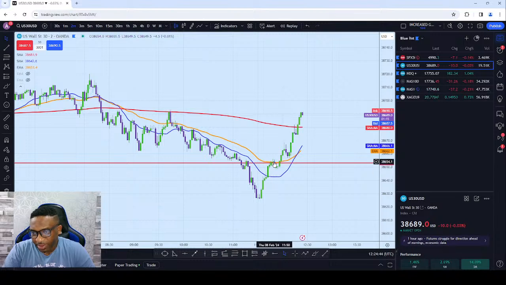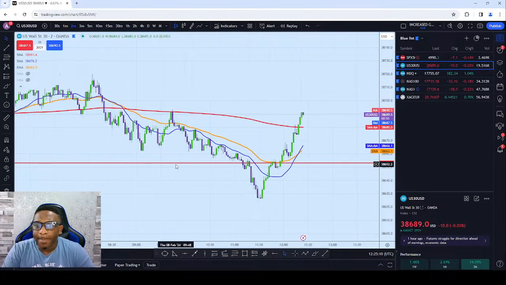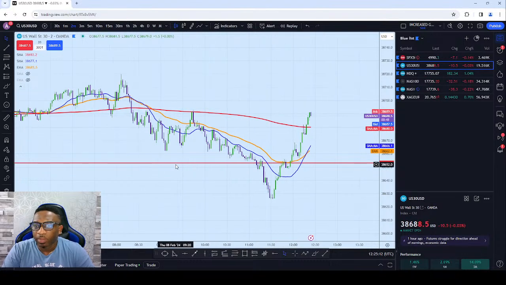If I'd seen it earlier, we could have entered at this level as this last purple candle was taken out, and then had another entry here, another entry here. So we hope NAS is yet to push up to do this push that US 30 has already done.